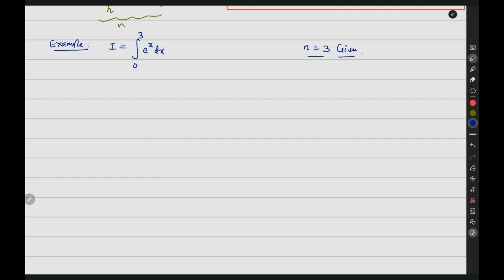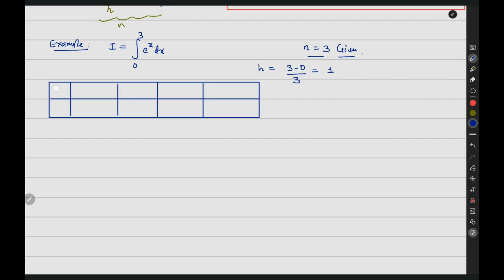So we can calculate the step size h equals upper limit minus lower limit divided by number of subintervals. So we will get 1 as the step size. So now we will construct a table. We have x, y, and starting from the lower limit we have 0, with the step size 1, 2, and 3 is the upper limit.